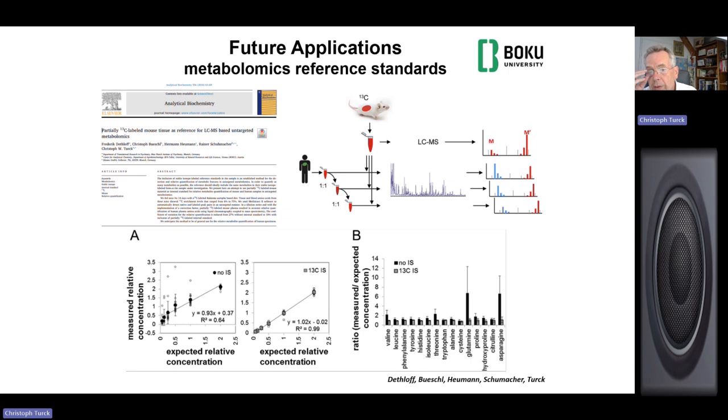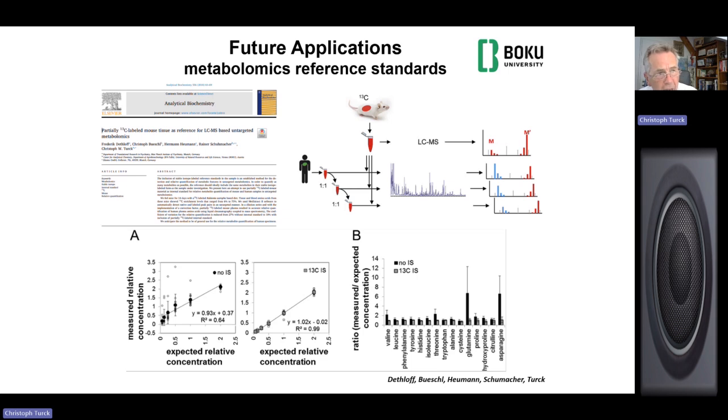Ideally, if you do untargeted metabolomics, you want reference standards for the different metabolites you're trying to quantitate. At that time, we had made some attempts to label these mice with 13C.